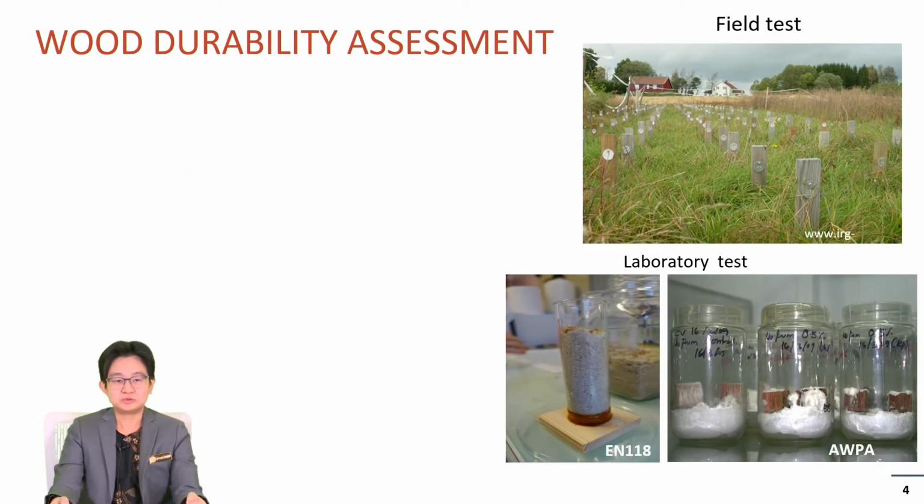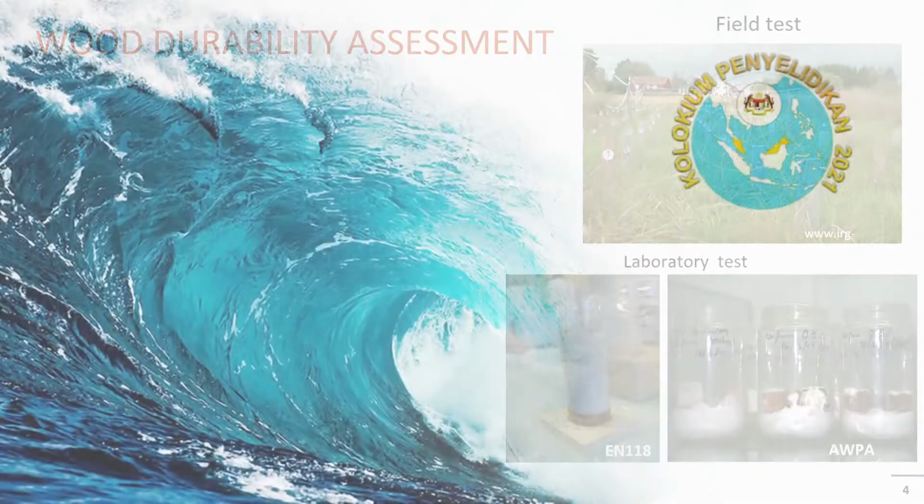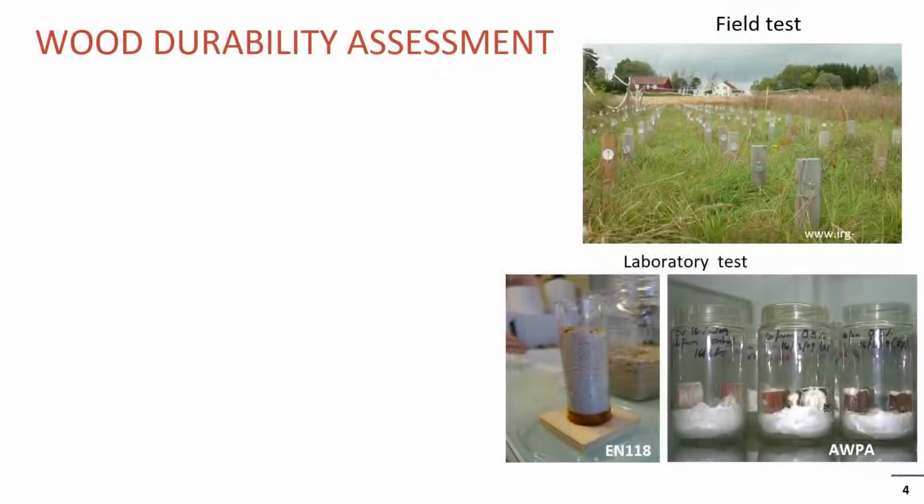Durability can be assessed through two standardized methods. The first one is through field test, where the samples are cut into smaller blocks and exposed outdoors to all the organisms. The second one is through a more accelerated laboratory test, where smaller pieces of the wood samples are exposed directly to a specific fungus or insect species.